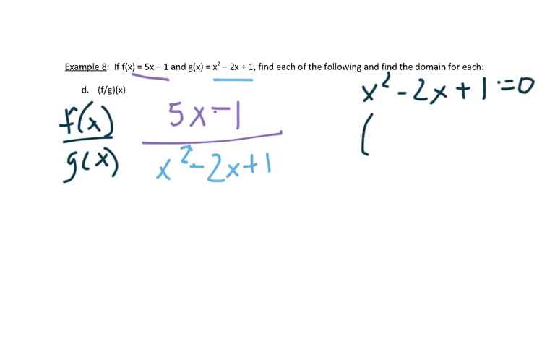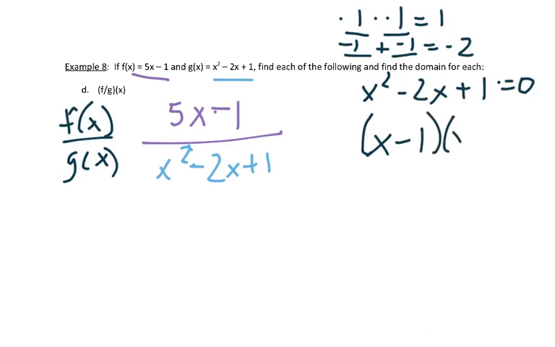We can factor this. We want two things that multiply together to get 1 and add together to get negative 2. And that'd be negative 1 and negative 1. Okay, so we'd have x minus 1 and x minus 1 equals 0. Set those equal to 0 separately.